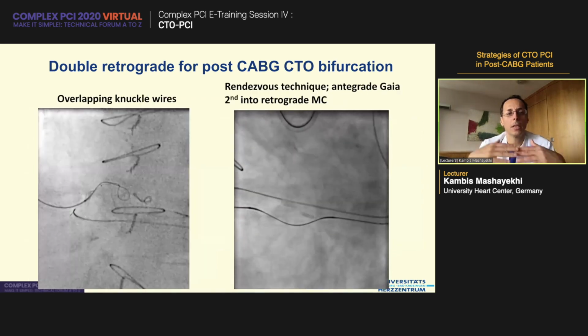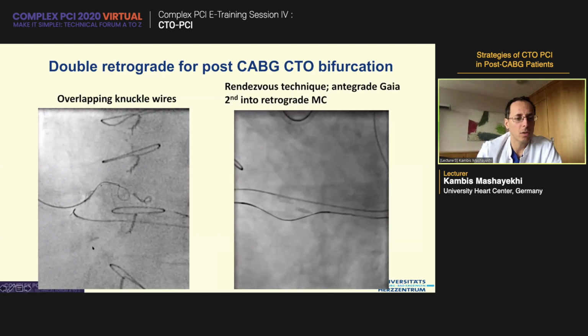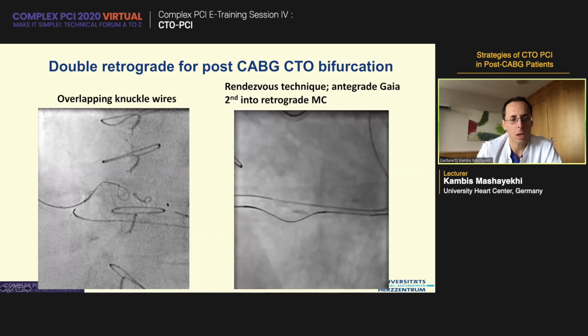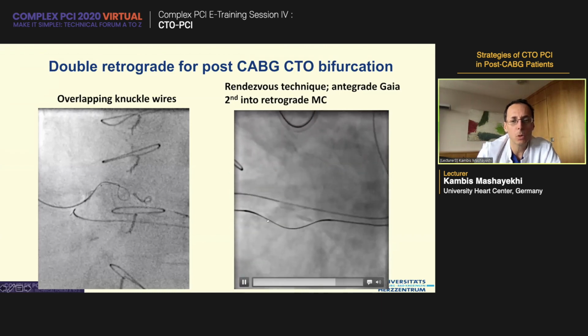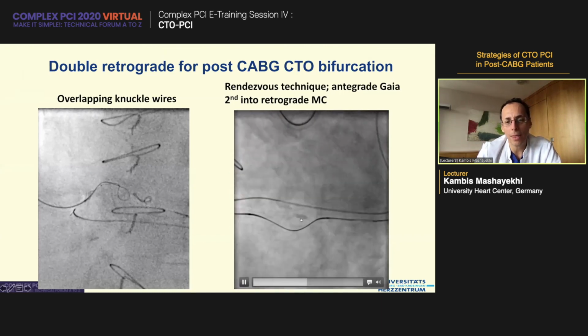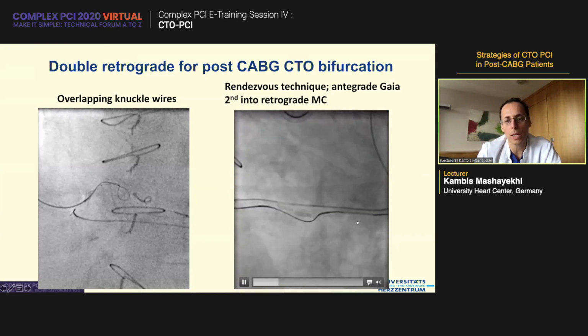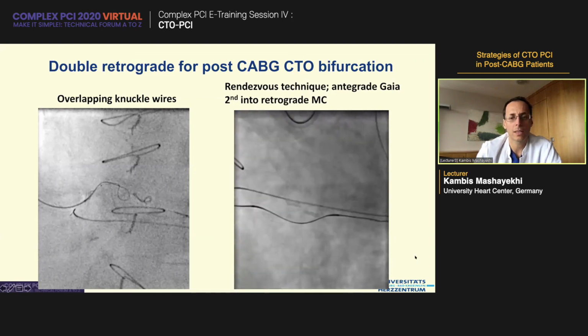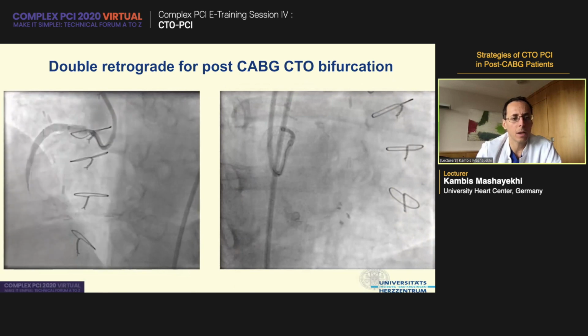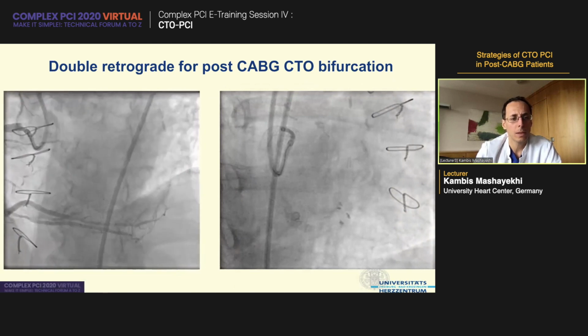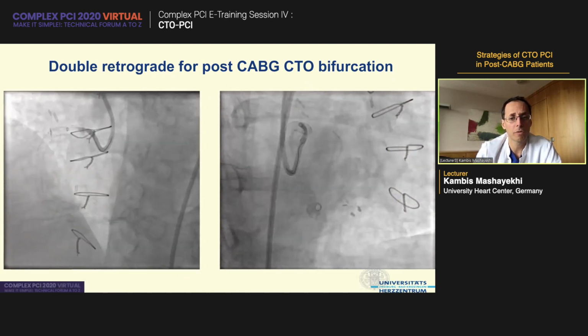And after having here a retrograde knuckle wire and antegrade knuckle wire and the retrograde wire very, very close together, I was able to do a tip-in. So the antegrade Gaia Third was placed into the retrograde microcatheter.